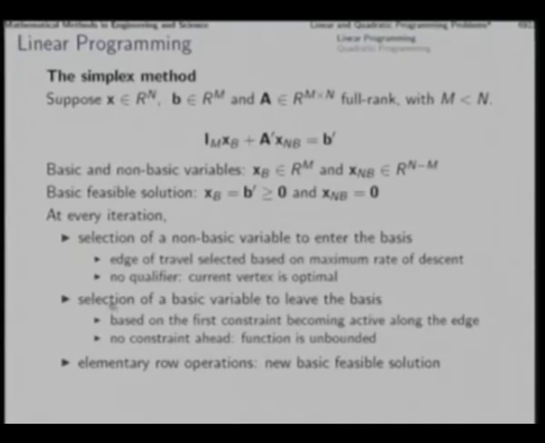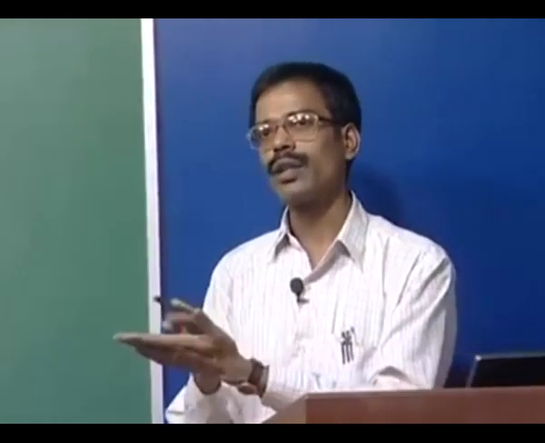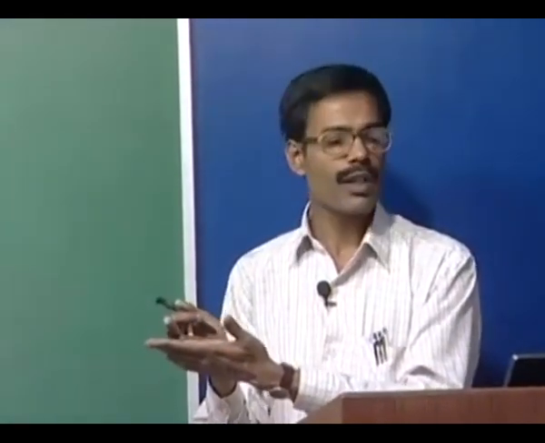So, we select a basic variable to leave the basis and get included in this list, based on the first constraint becoming active along that edge. If no constraint becomes active in that direction, that means in that direction the domain is open and we can go up to infinite distance, so there is no constraint ahead along a descent direction and the function is unbounded.